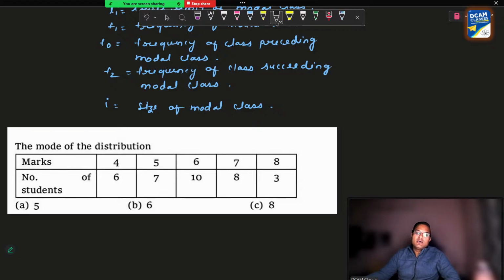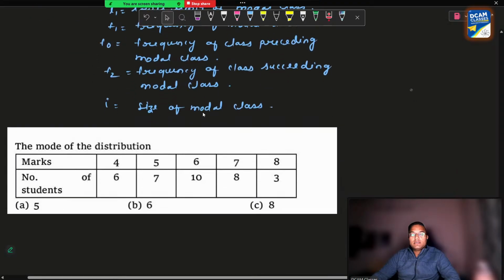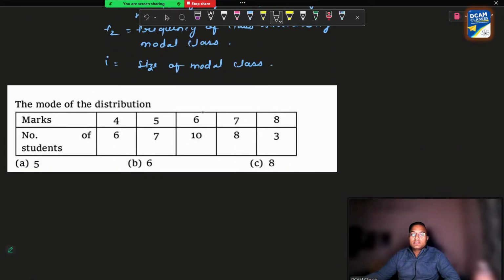The kind of questions they ask in the examinations are these types only. They do not use the formula I have given. It's 6 because the maximum frequency is 10, so the mode is 6.